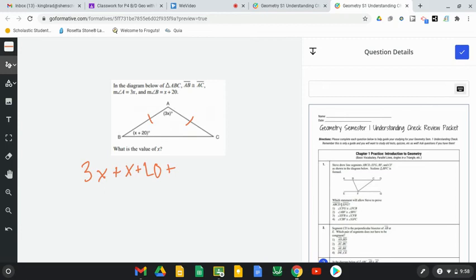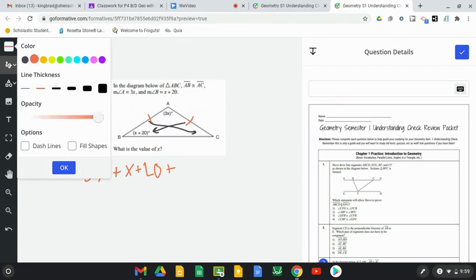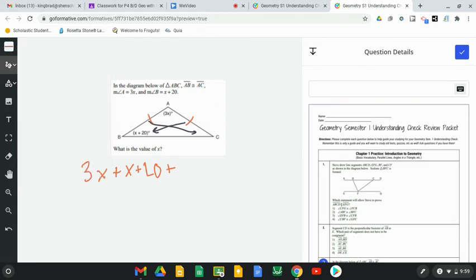Well, I notice that across, I have some congruent segments. So across from those congruent segments are congruent angles. So this angle is also x plus 20. So I can put another x plus 20 here. This is going to equal 180.